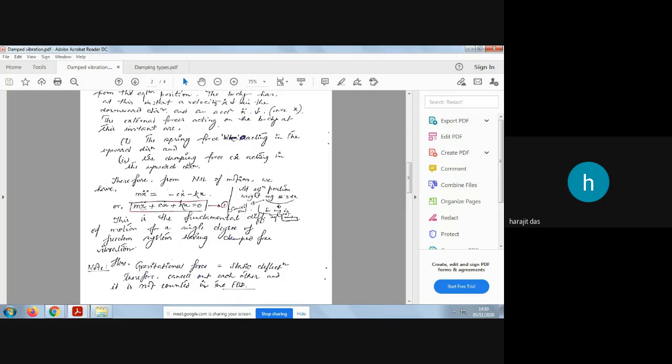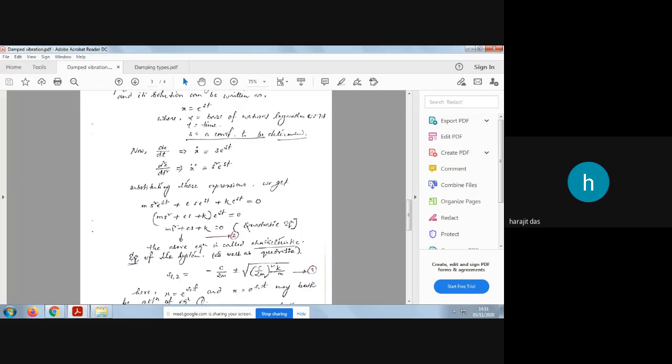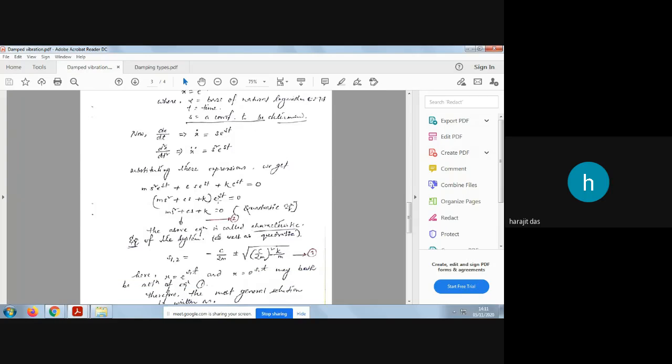So what we got: m s square e to the power st plus, because cx dot, this is c, small c, c s e to the power st plus k e to the power st. So if you just make e to the power st common, then you write like this: m s square plus cs plus k equals to 0.